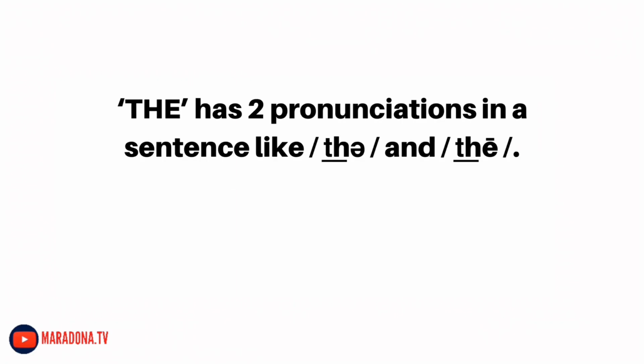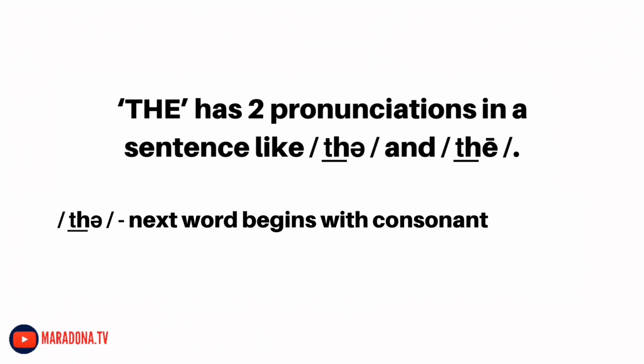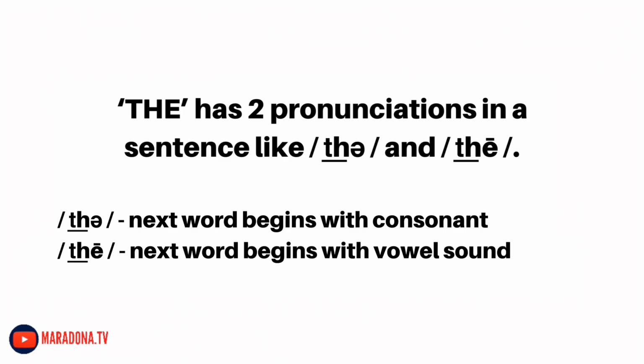So remember, THE has two pronunciations in a sentence: thuh if the next word begins with a consonant, and thee when the next word begins with a vowel sound. And that is my tip for this video.